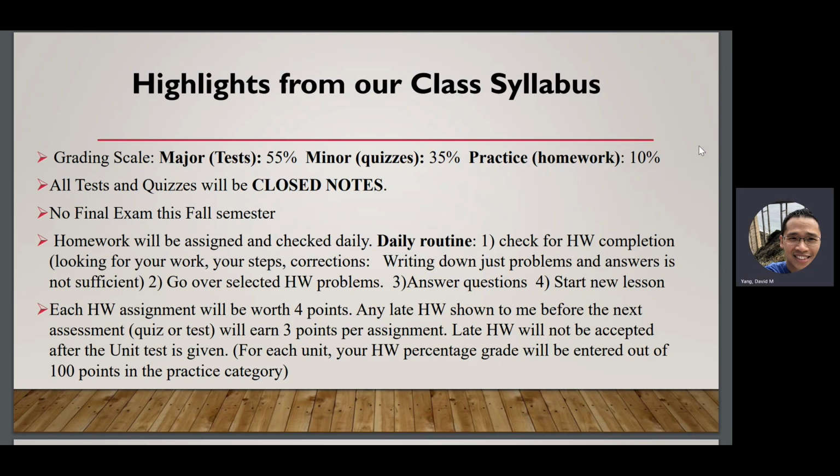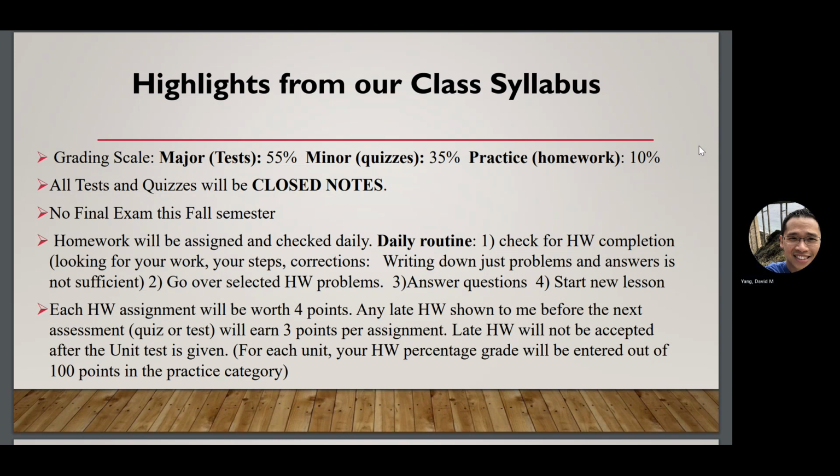I want to highlight a couple of big things from the class syllabus. The grading scale should be consistent all the way across your different classes. There will be a major category, a minor category, and a practice category. For us, major will be tests, minor will be quizzes, and practice will be homework.